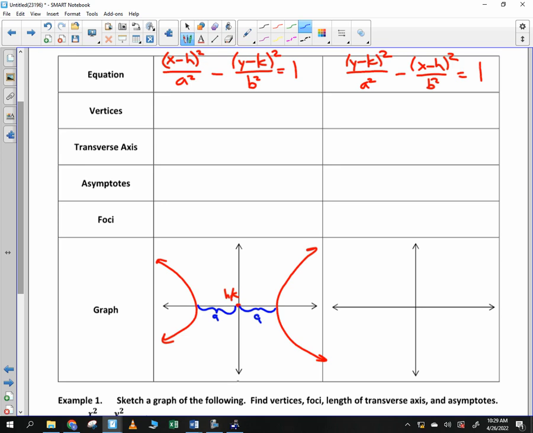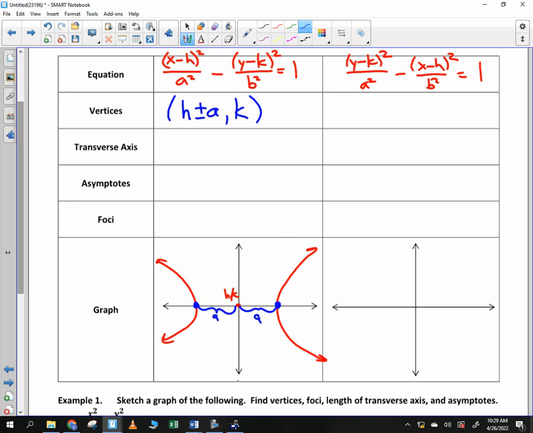Everybody okay with that? And so that gives us our vertices for the hyperbola. The vertices are located at h plus or minus a, and then k. So we add a onto h and we subtract a from h.